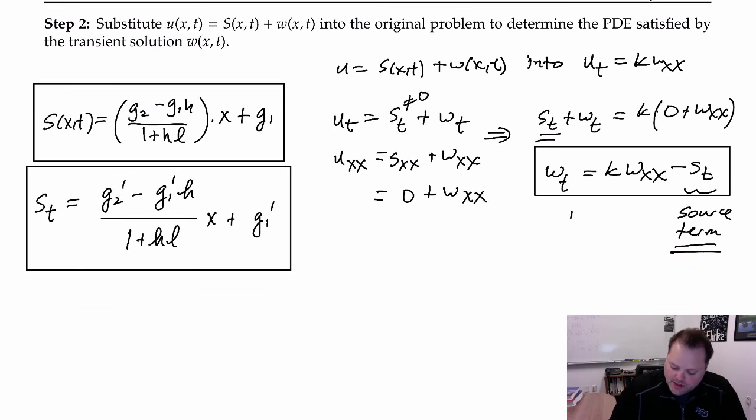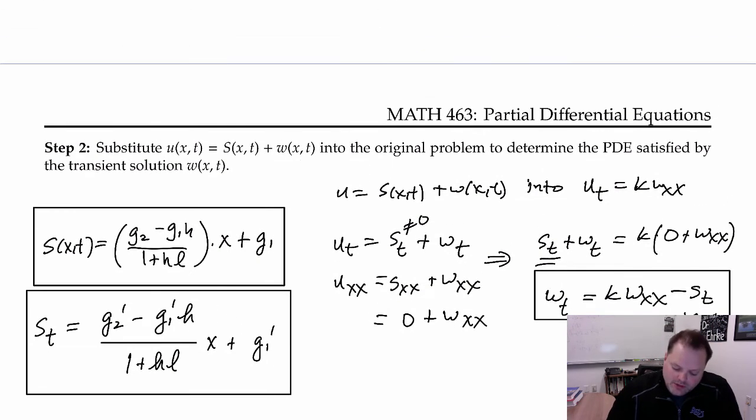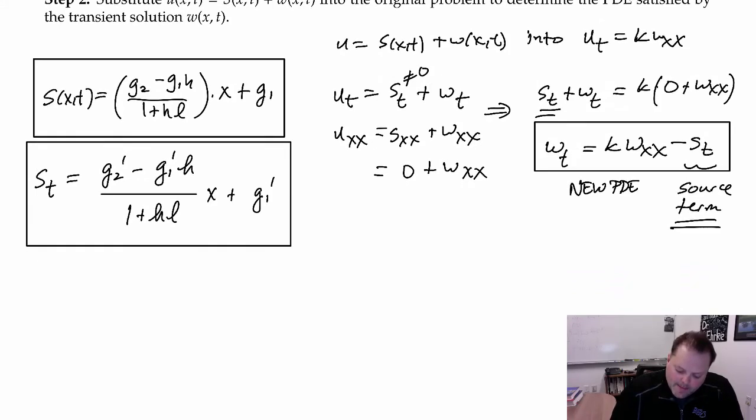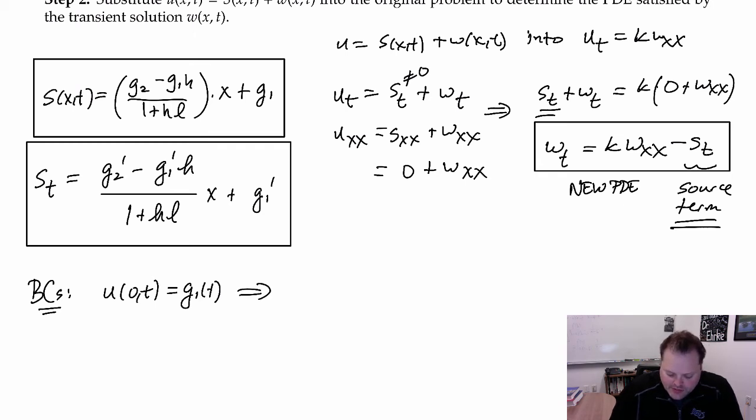So we've got our new PDE, but I want to look and verify that we do have homogeneous boundary conditions because we are going to here. So let's quickly take a look at that. The boundary conditions here were u of 0t equal g1 of t. So let's start there. This is u of 0t is s of 0t plus w of 0t equals g1.